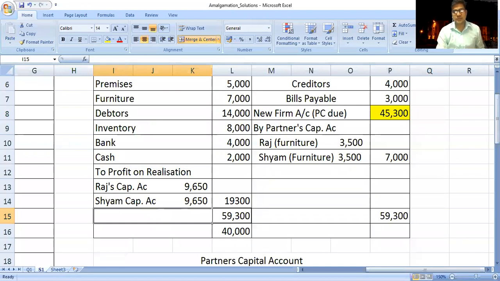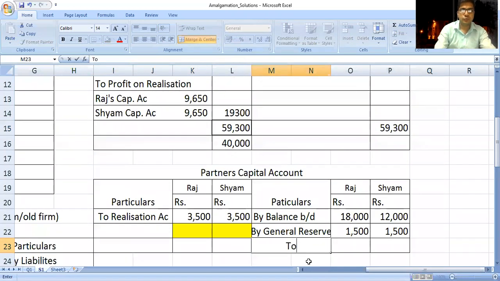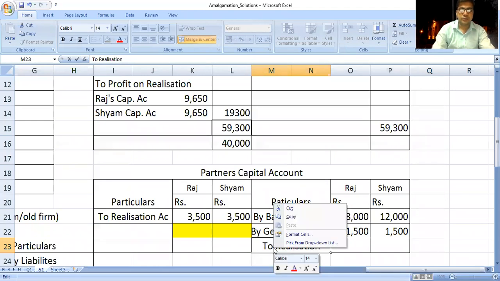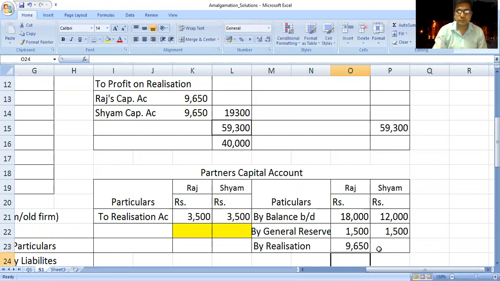Whenever profit is transferred, it is credited to partners capital account, by realization. It's not 'to', it is 'by' realization. So we have to record this profit: Raj's profit 9,650 and Sham's profit 9,650.